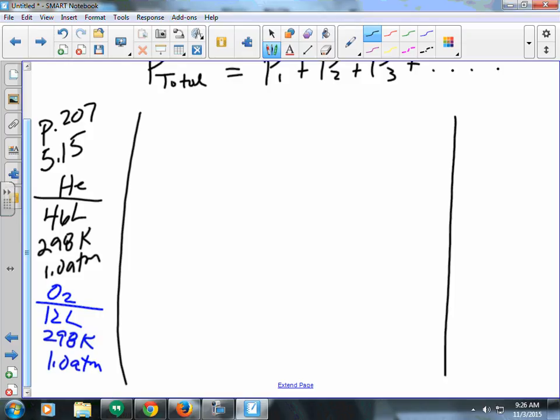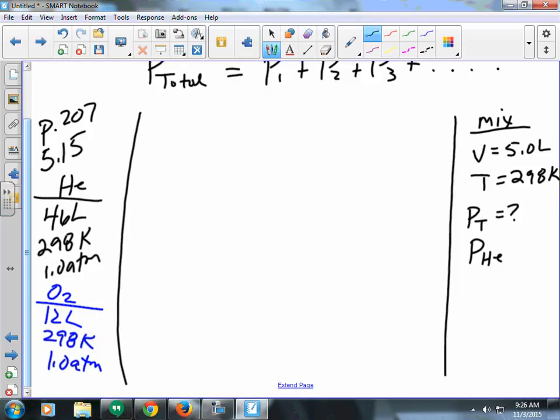For the mixture, we know the volume is going to be 5 liters in that tank. And the temperature is going to be 298 Kelvin again. And we are asked to find the total pressure and then the partial pressure. That means the partial pressure of helium and of oxygen in these new conditions, in this new tank.